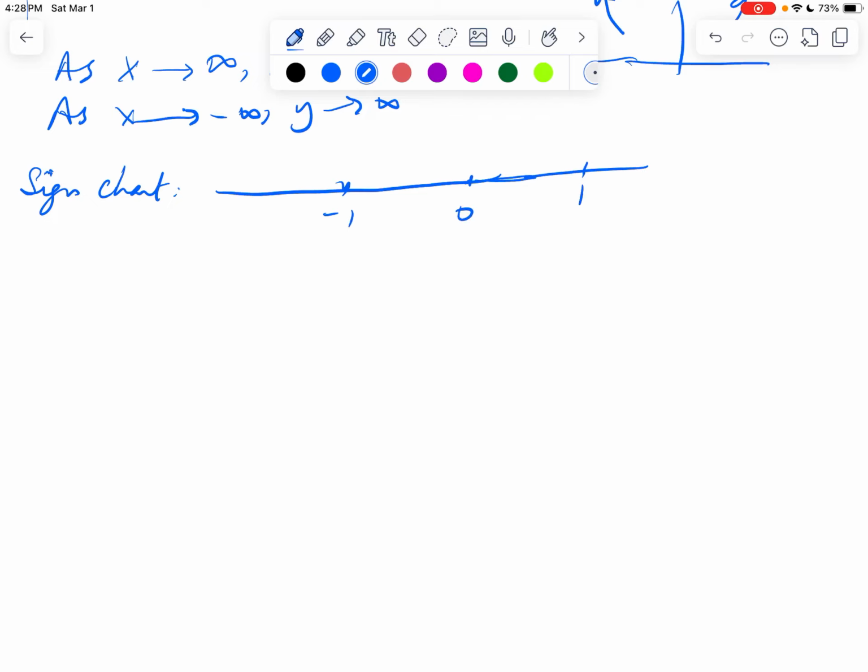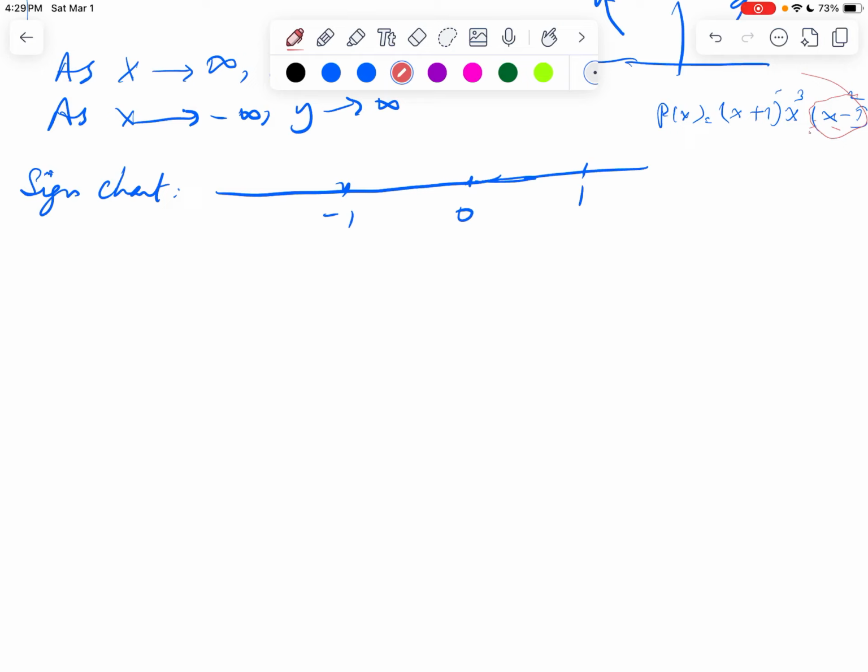So remember, our polynomial was x plus 1 times x cubed, and then we had x minus 1 whole square. Now when we are trying to find the sign chart, we don't need to consider this one because it's a square. No matter what x value you use, that will always give you a positive sign.